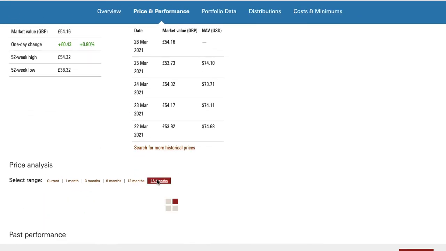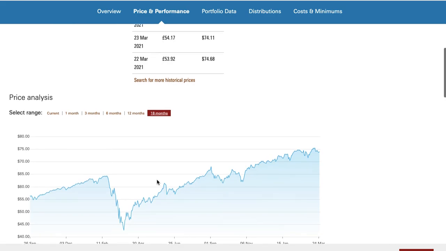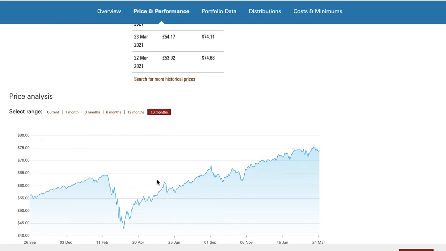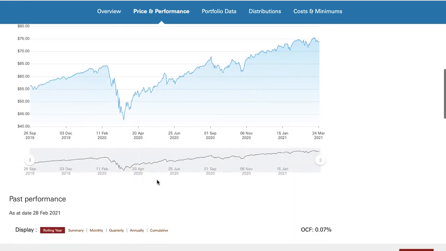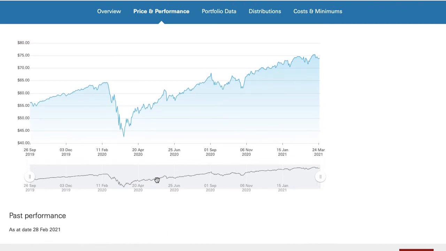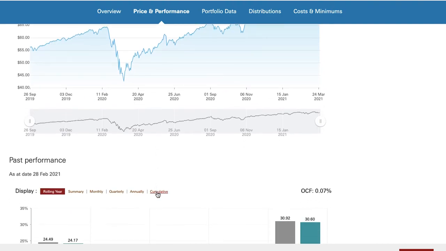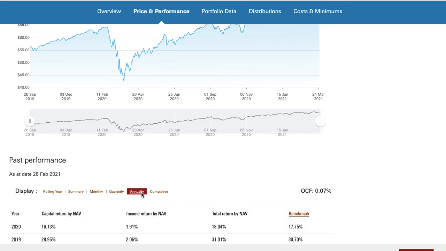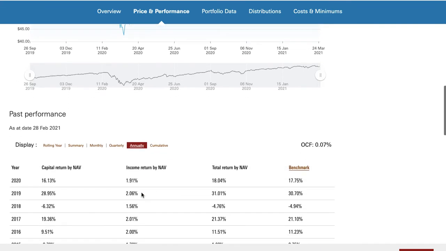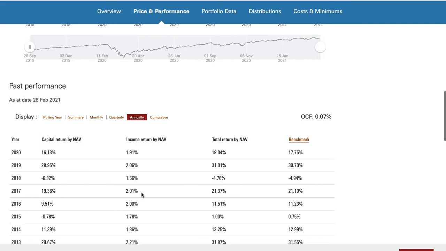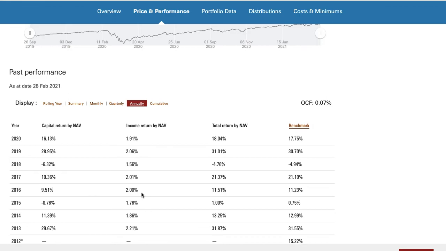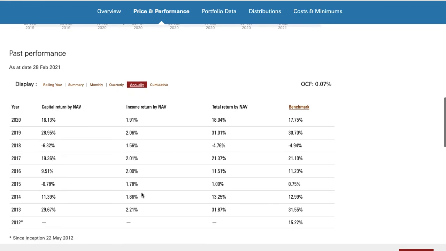I usually like to see the price development over 18 months, sorry. And you can see that, okay, the price had been growing, and then I look at the annual performance. Now, as you know, past performance is not a guarantee of future returns, but I still like to see what the dips are and how it performs overall.